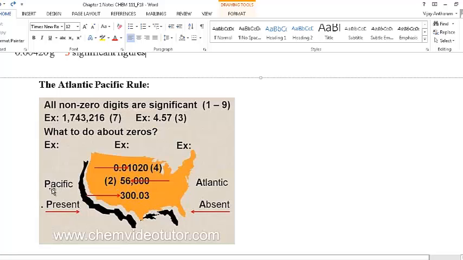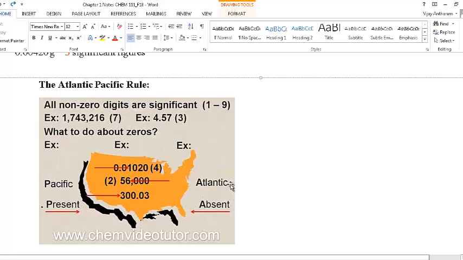Once again, P, Pacific, decimal present. So that number whose significant figures you want to attest to has a decimal point. You're going to go from Pacific to Atlantic, that is, you're going to read from left to right. If that number whose significant figures you need to report does not have a decimal, that is, decimal absent, you're going to start from the Atlantic and read toward the Pacific.